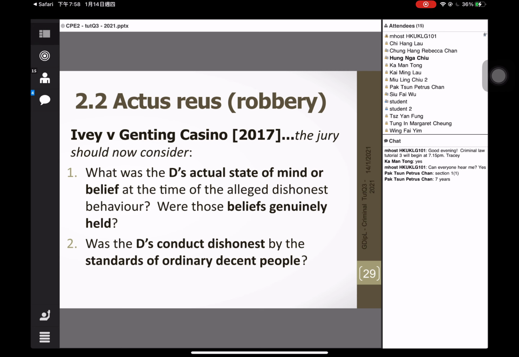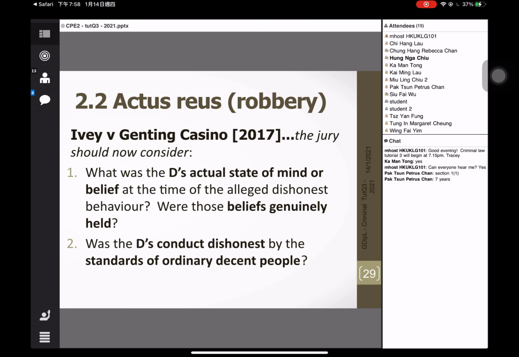Now, in civil law and in contract law, the definition for dishonesty has not been the same as in criminal law, and the Supreme Court thought that this was wrong.